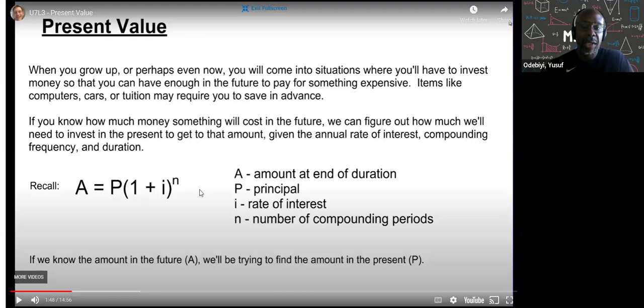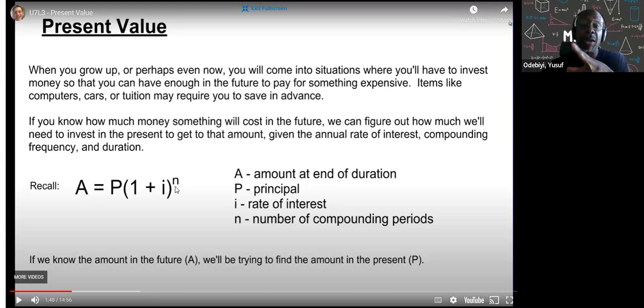You're going to see this formula looks similar to the compound interest formula. Remember the compound interest formula: you had the future amount, P was your principal, I was your interest, n was the compounding periods.